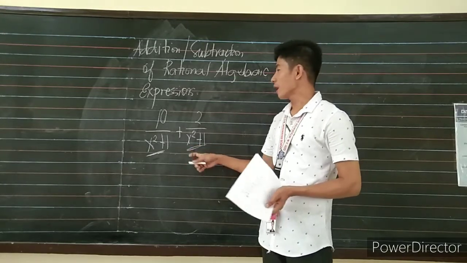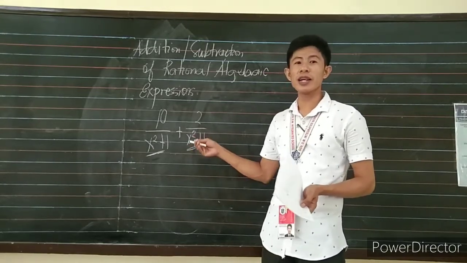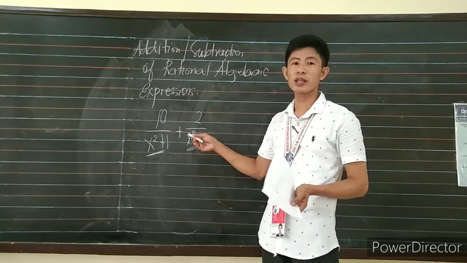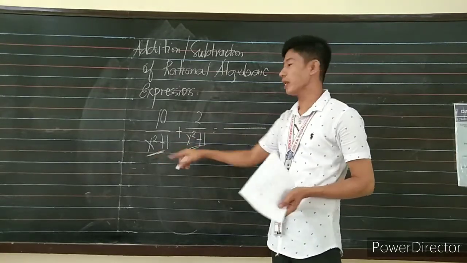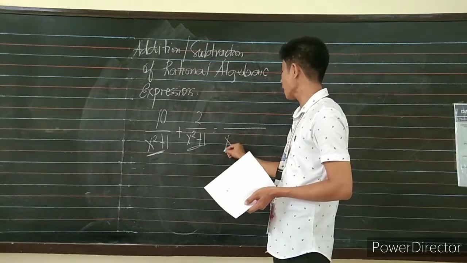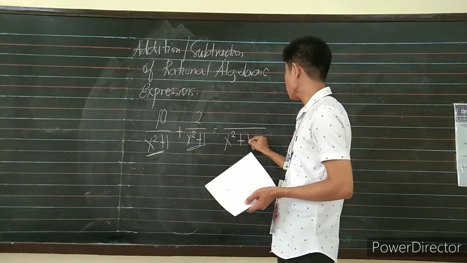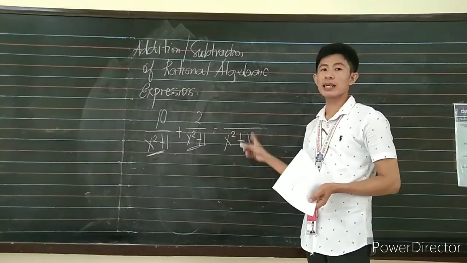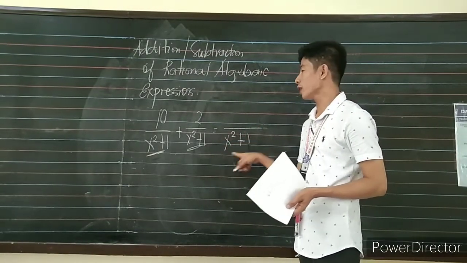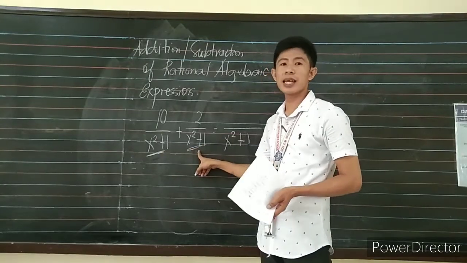If the terms we are going to add have the same denominators, we will just copy the common denominator. So in the problem, we will copy x squared plus 1. Take note that we can only copy the common denominator if they are the same.